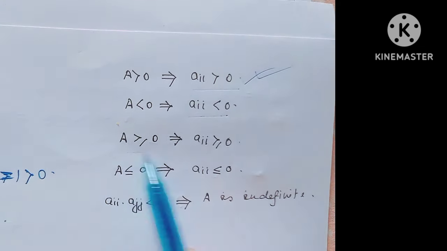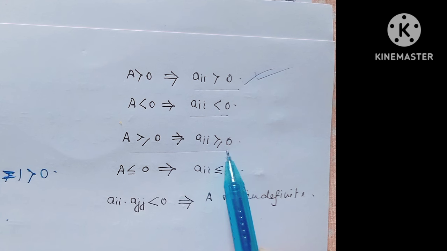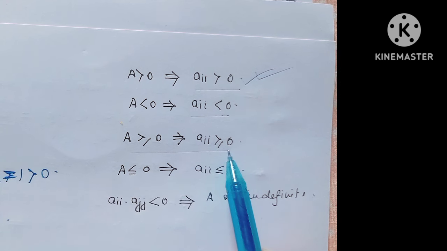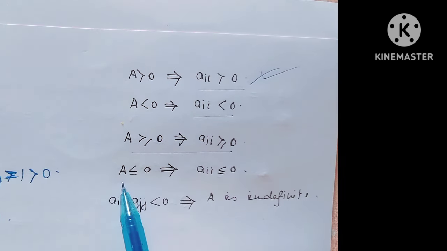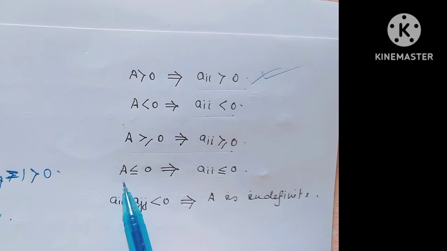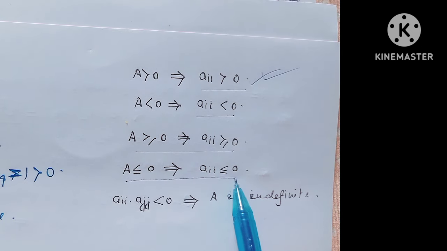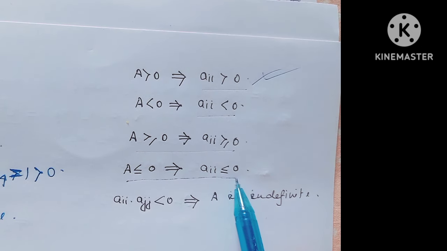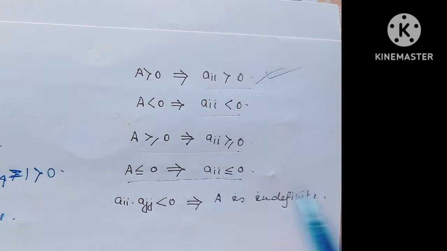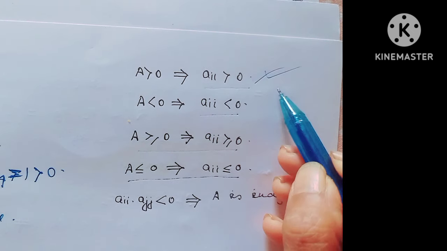When A is positive semi-definite, then aii is greater than or equal to 0. When A is negative semi-definite, then aii is less than or equal to 0. But the converse need not be true.